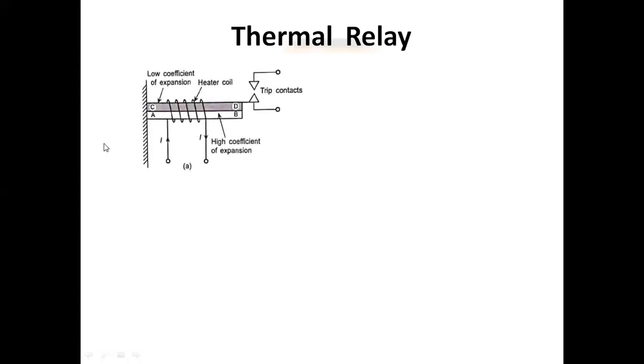Now this is the diagram of a thermal relay. You can see on the left side, this is the fixed side, so this is static. Here we are considering a bimetallic strip, made of two metals, AB and CD.